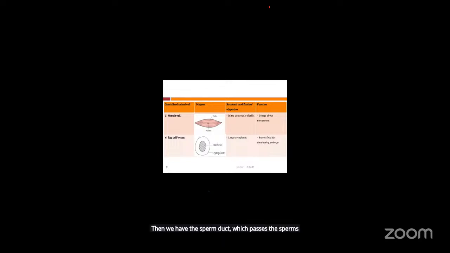Then we have the urethra where sperms pass out, and the penis that introduces the gametes, or the sperms, into the female reproductive system. When you look at all these organs, they are different, yes, but they perform almost similar functions with the aim of achieving one particular thing. In the reproductive system, the aim is to reproduce.